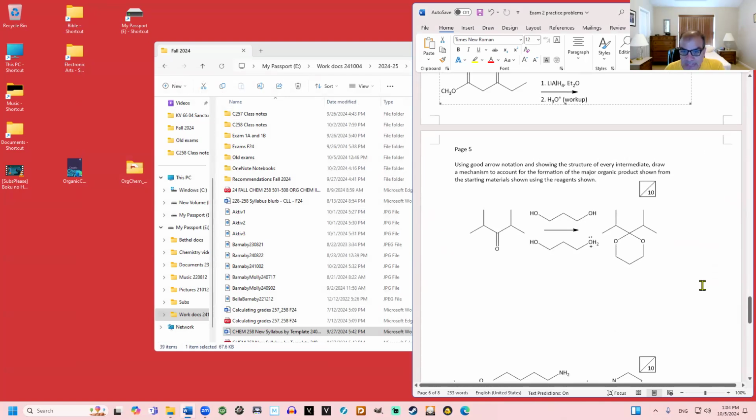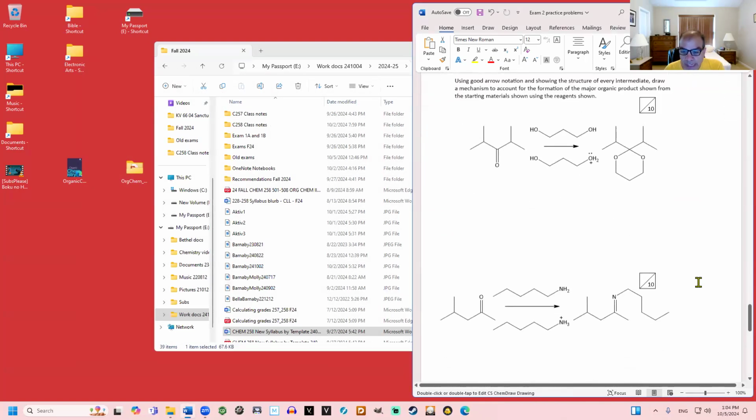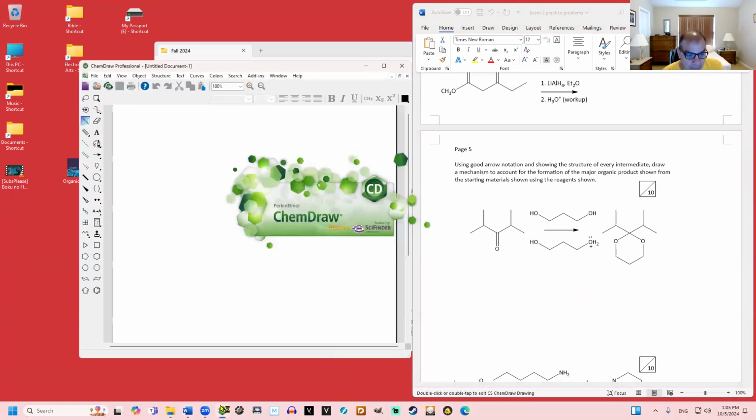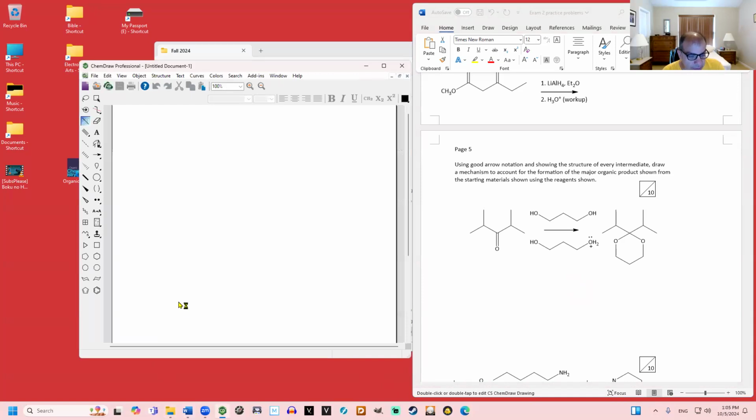And then I think beyond that, all we've got is mechanisms. So the first question here involves formation of an acetal. In fact, it's a cyclic acetal. You would see a question like this on active.